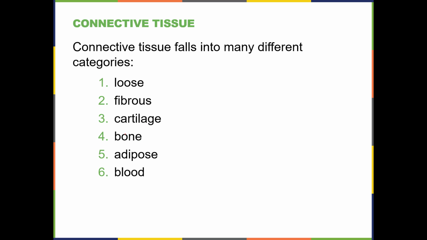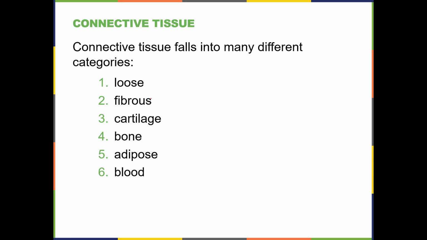The definition is that you have a fairly small number of cells in a large volume of matrix, and I'll go over the exact definition in a minute, but usually you have sparse cells suspended in some other kind of material, and by and large all of these fit that definition. And even if it doesn't fit the definition, these are the ones that are considered connective, so it's really not up to us to decide.